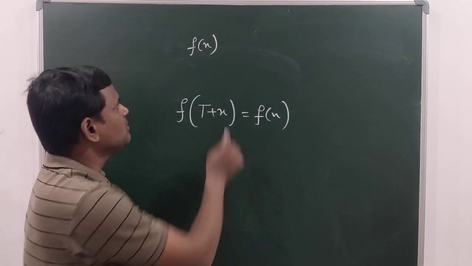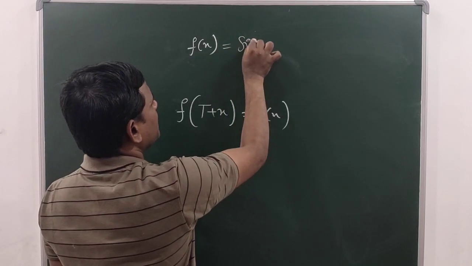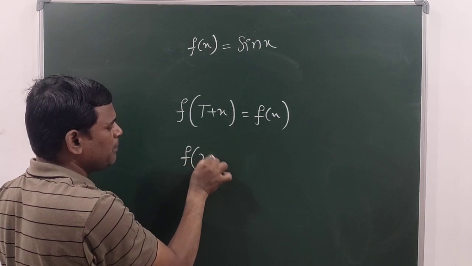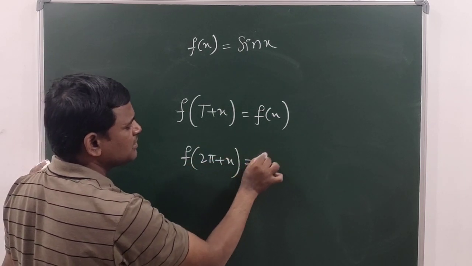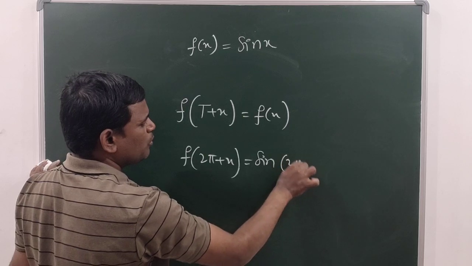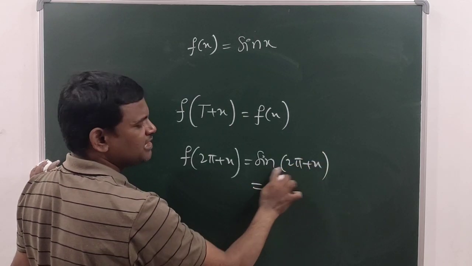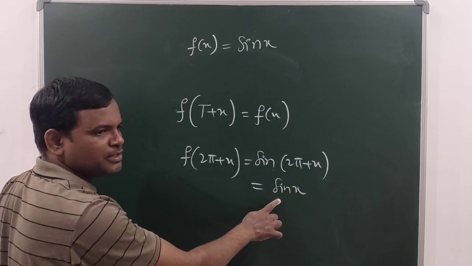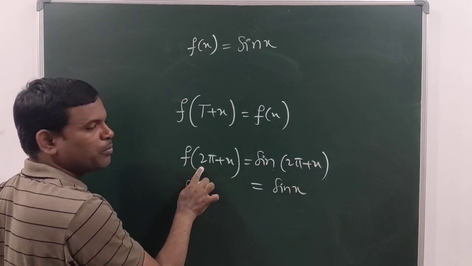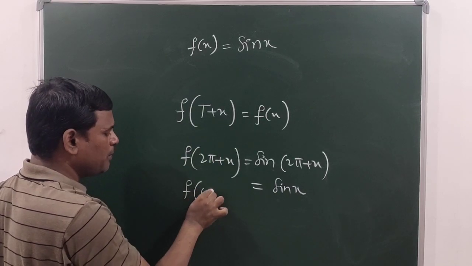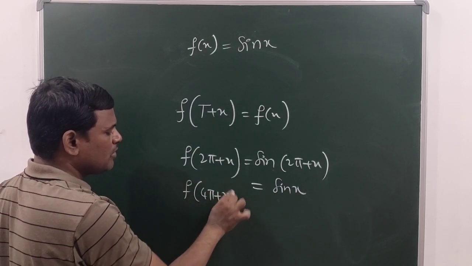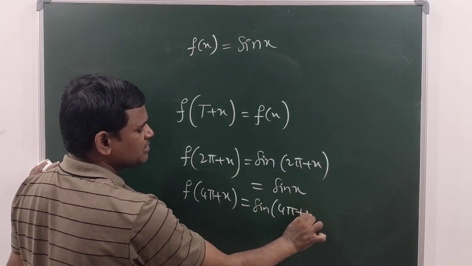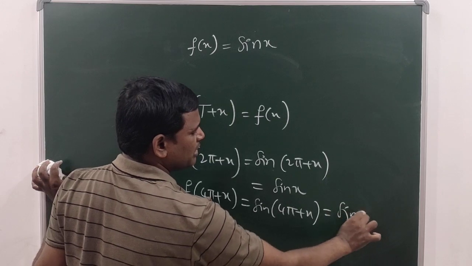Okay, so for example, if you take f of x equal to sin x, now f of 2 pi plus x, simplify this: sin of 2 pi plus x. Now sin of 360 plus x is sin x. The same function is repeated. Not only at 2 pi, if you take t equal to 4 pi, sin of 4 pi plus x is also going to be sin x only.